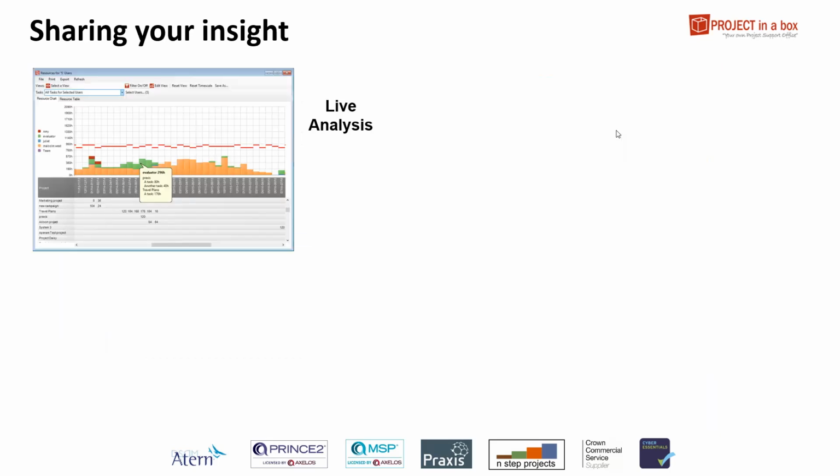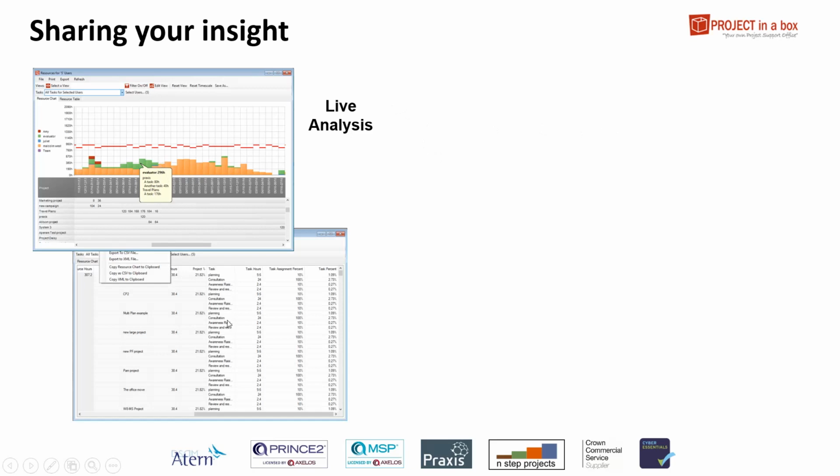And you can then share that insight. Live analysis we've just been looking at, hover to see what the particular tasks are. We can export the raw data, we can grab the images, etc., to go away and use that for further analysis if we want to, or to use that to feed our adjustments to plans, moving things forwards and backwards to help level that resource out.